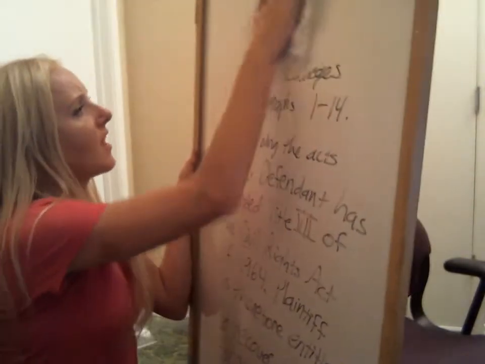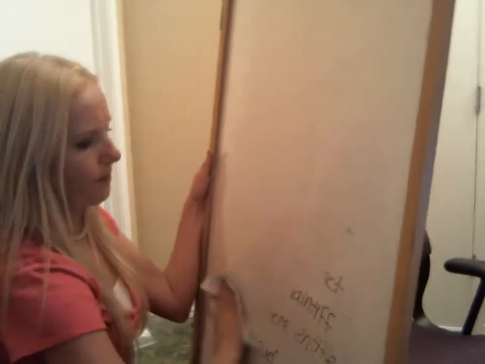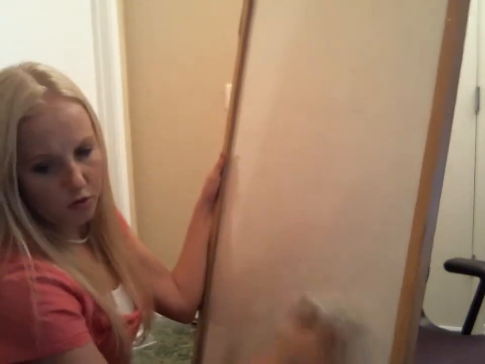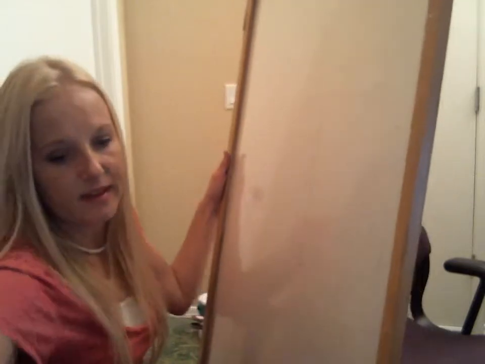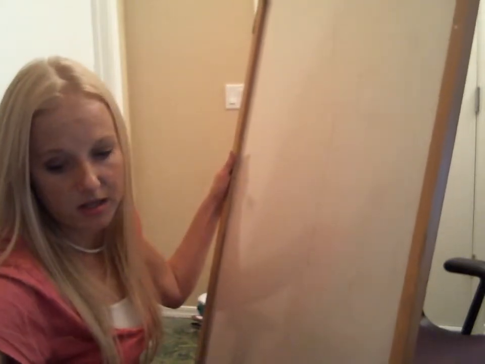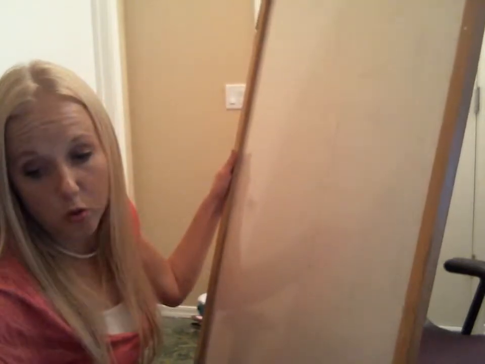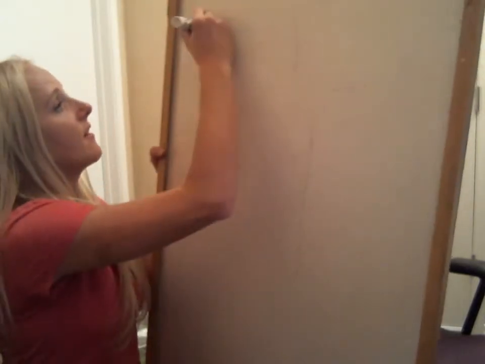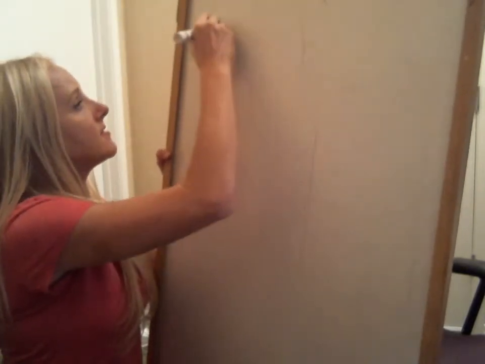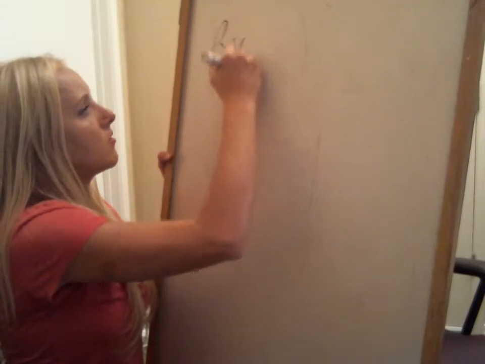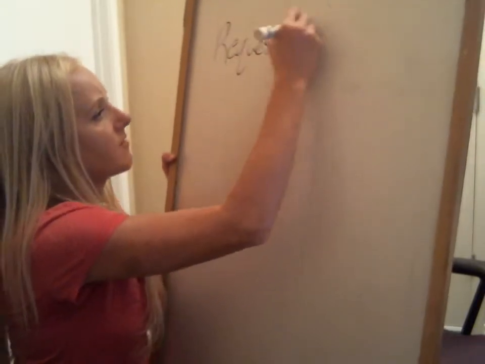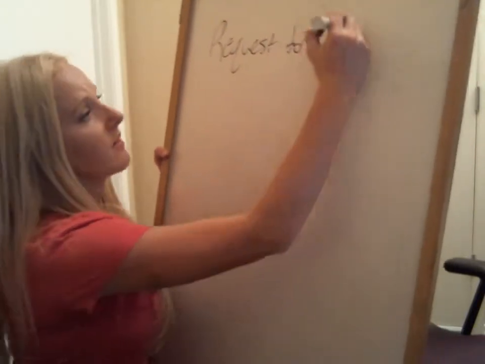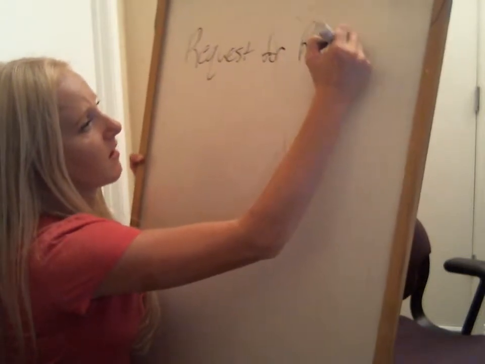And so then after the claim, you guys have the demand or the request for relief. And this does start this way. Request for relief. And I'm sorry if my pen is dying here.